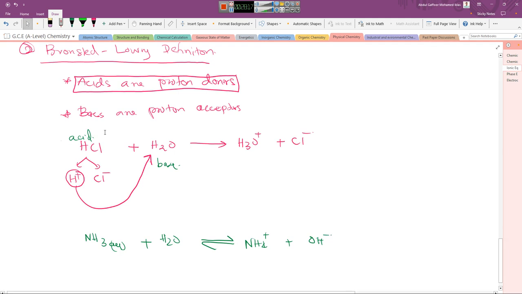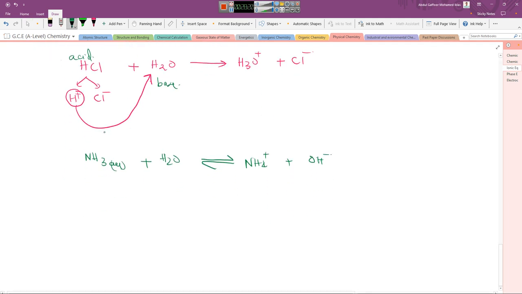Now here you can see what will happen is this H2O will dissociate as H+ and OH-, and this H+ will be donated to ammonia. So this H2O is called acid since it is donating a proton, and since ammonia is accepting a proton, this will be called base, right?